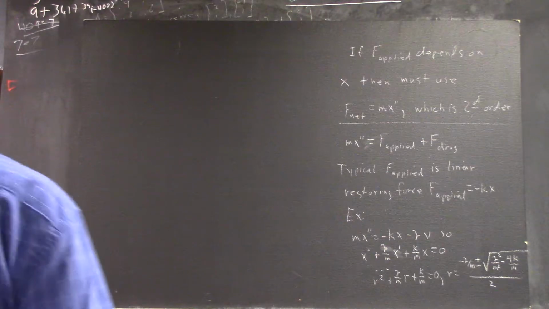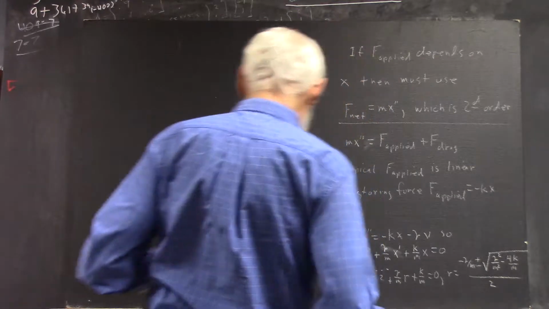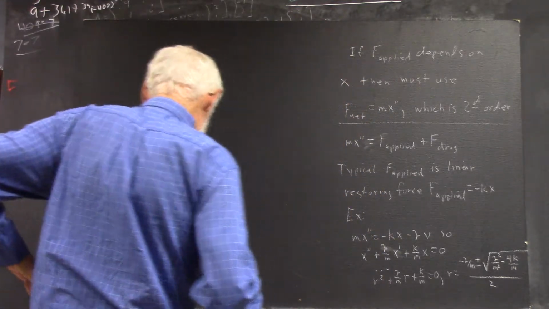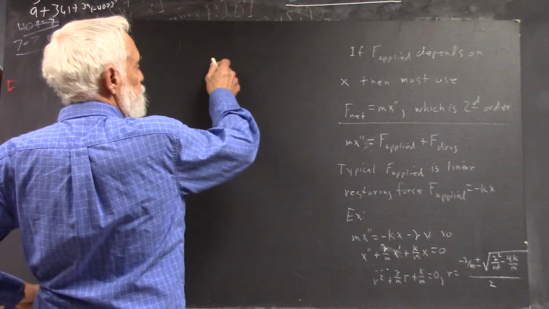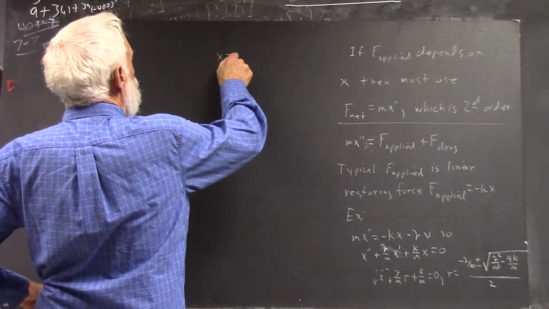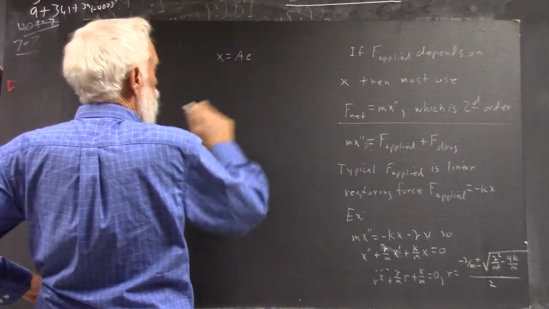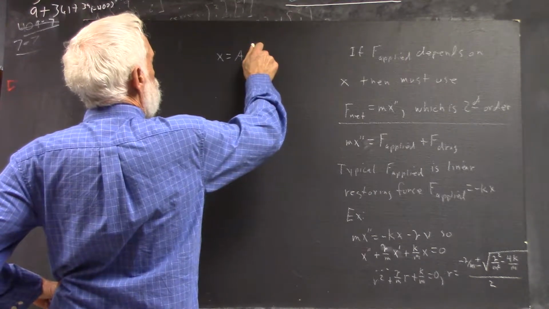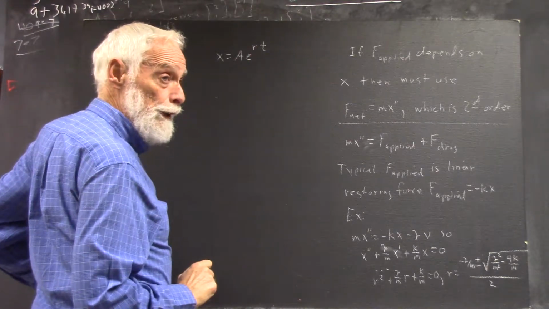Okay, responding to a good question about the nature of the solution in this case. Your solutions are going to be x equals A e to the rt, okay?